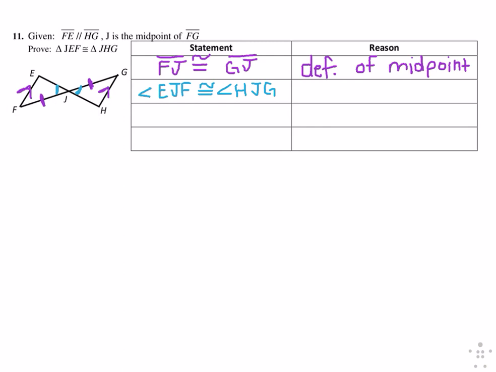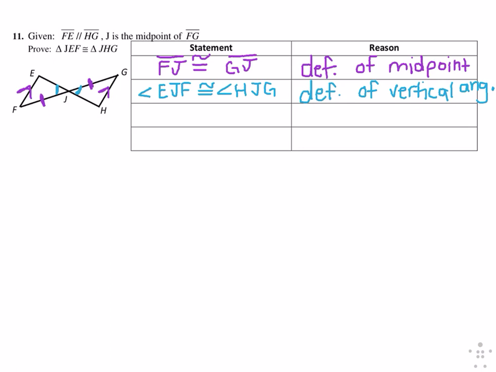All right, so they're congruent to each other because they are vertical angles. So you could say by definition of vertical angles. I'm just going to put A and G because I don't have enough space to write it out.